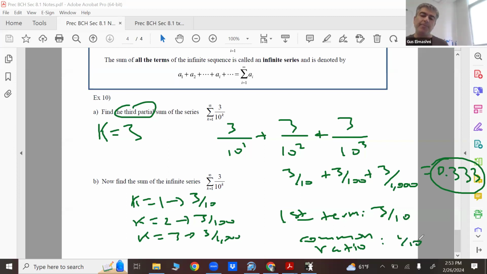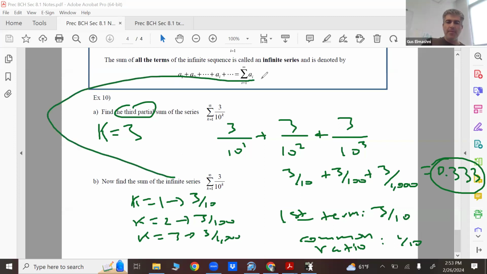So if you think about it, if I'm adding all these up, I believe we're gonna get 1/3 as the sum of the infinite series. I mean, it's kind of obvious that's what's happening, but there's actually a formula that goes with this. This is the formula for the sum. We'll talk about this on Friday, so I'm kind of getting you guys a little ahead.